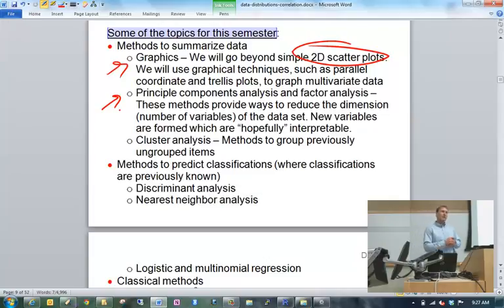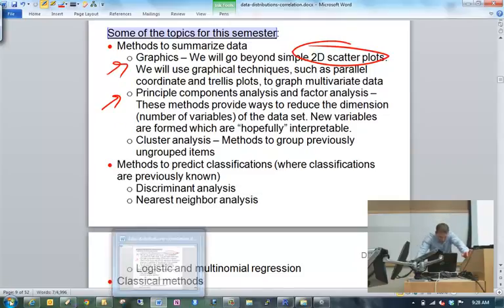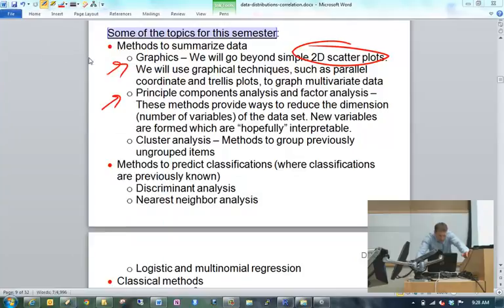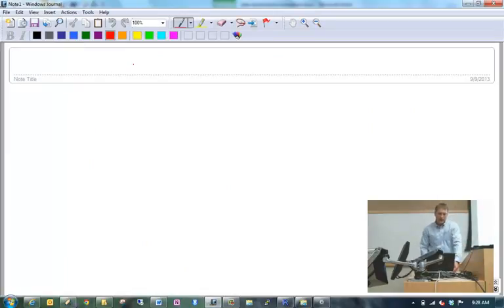And again, this will help us try to make sense of a lot of variables. The theme is that we will be trying to condense the data into a smaller dimension. In particular, for principal component analysis, what we'll be doing is this. Suppose we have 10 variables.